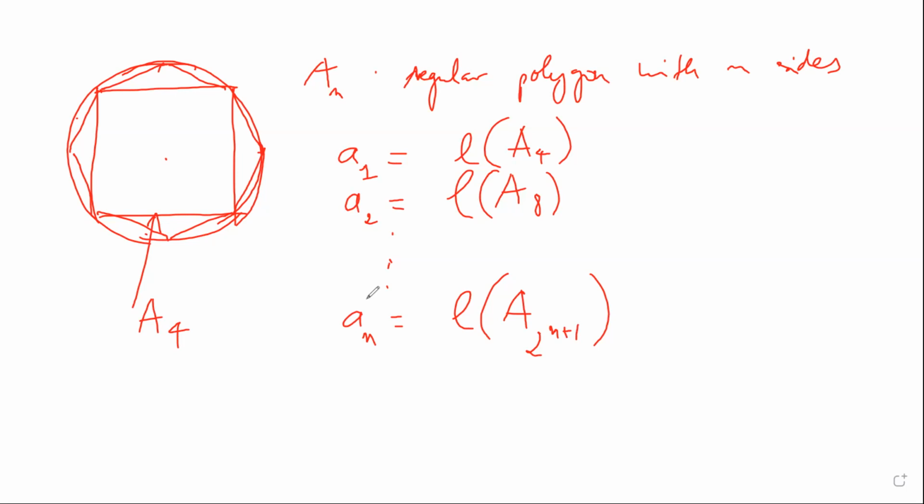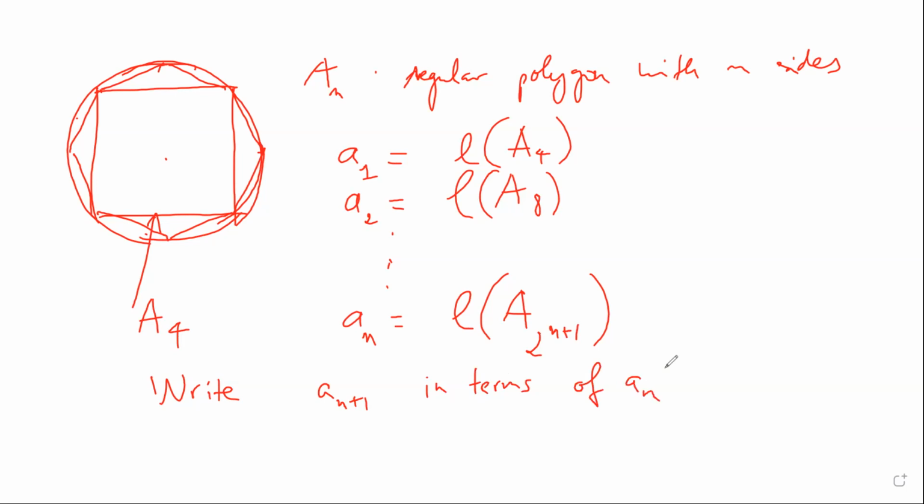So the question for you is, if you want to quickly compute this, you need some formula that relates this sequence. Try to write this in terms of the previous term an.